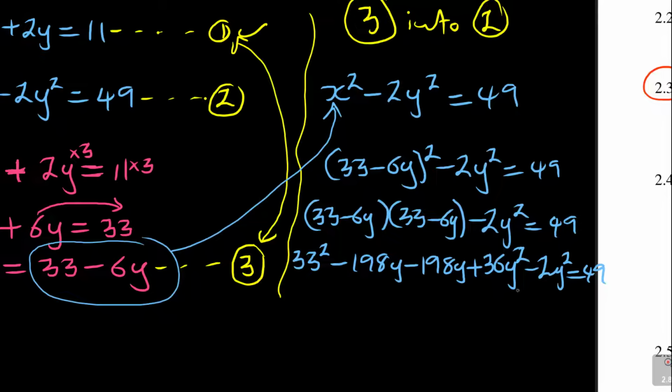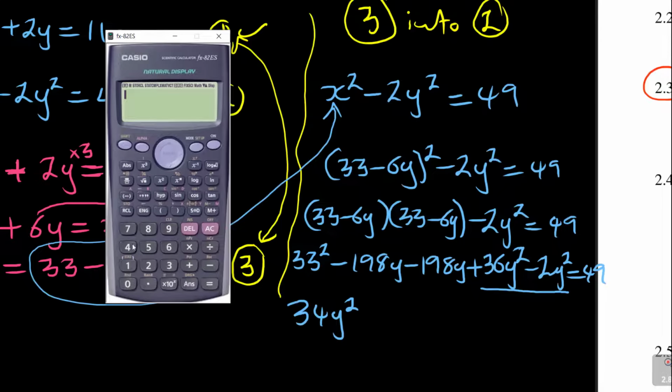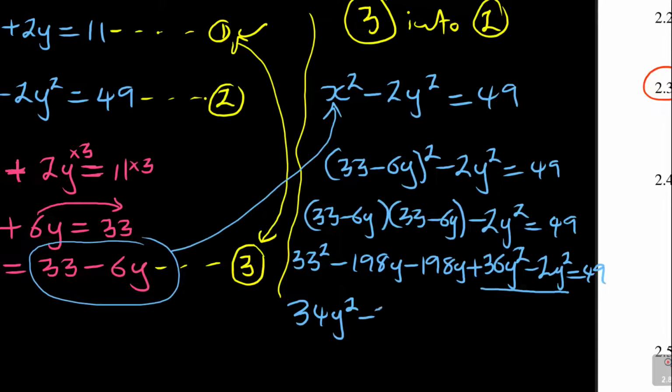Alright, so now it's a matter of collecting like terms. Look at this. The y squared: 36 minus 2 is 34. So I've got 34y squared, and then negative 198 minus 198, you add and keep the sign, minus 396y.